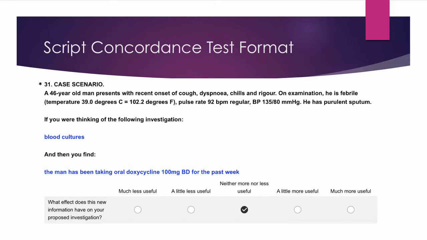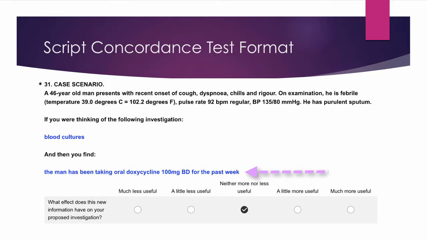There are three types of questions which assess one of diagnosis, investigation, or a plan of management. Every question follows the format shown. There is a case scenario, a suggested diagnosis, investigation, or plan of management, then new information to consider.